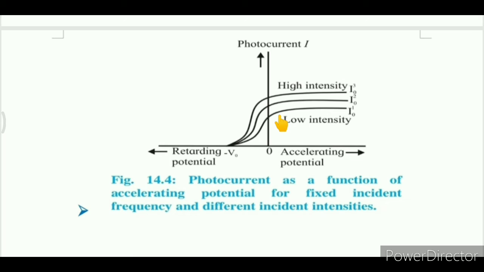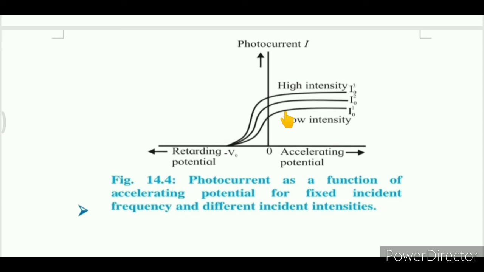But here you can see at a certain stage, for the intensity I01, at a certain value of the positive potential, all the emitted electrons are attracted towards plate C, and hence the photoelectric current becomes maximum.